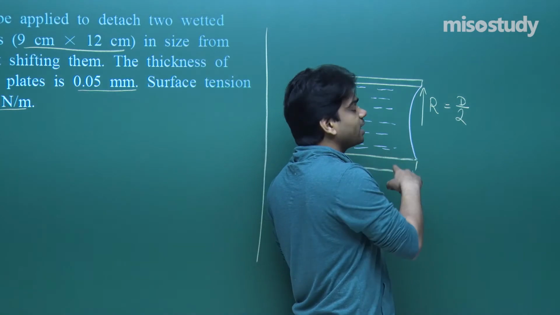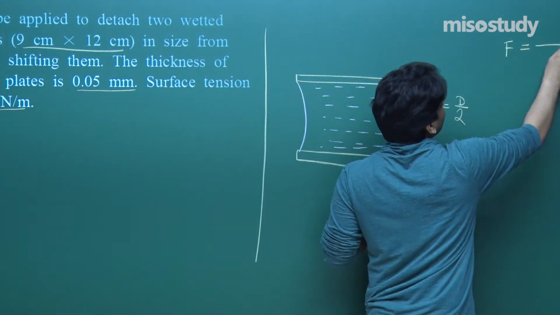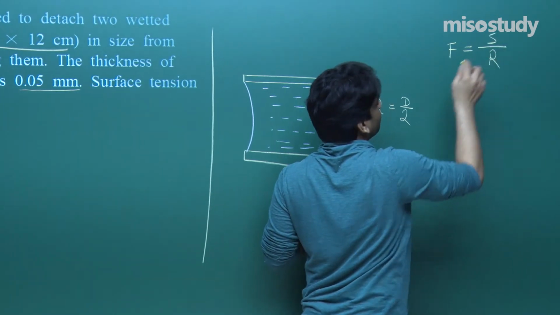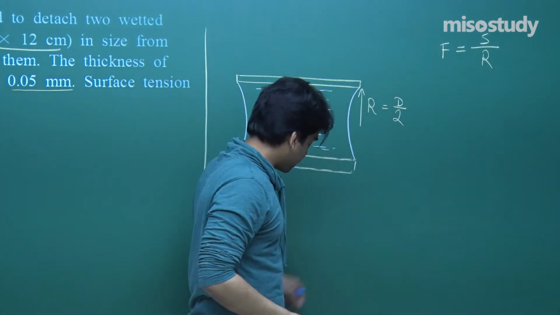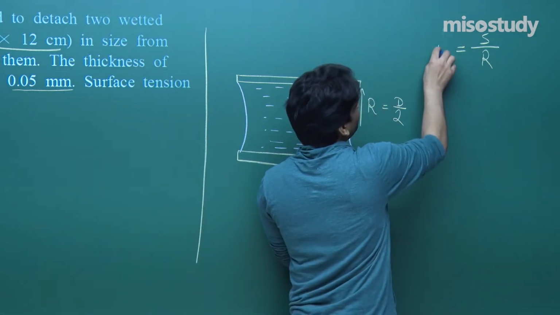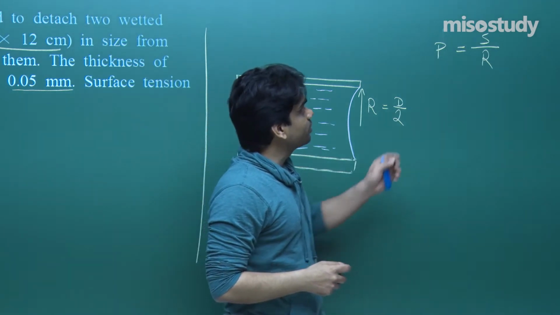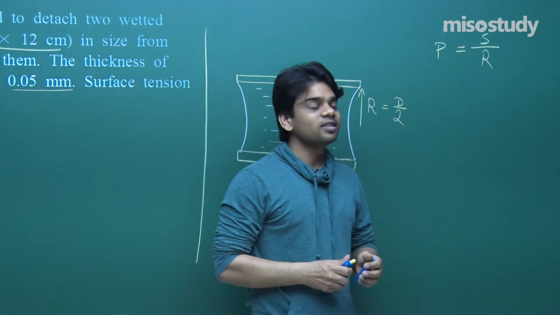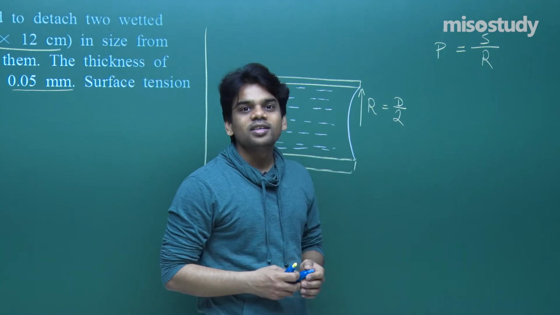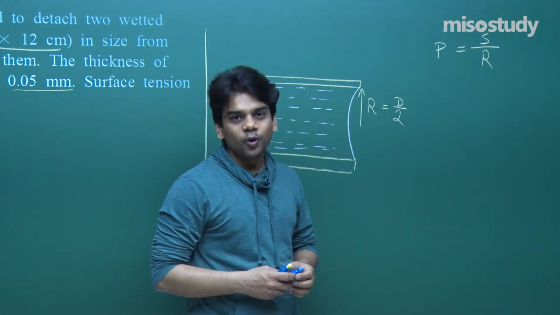The force acting due to the inner part will be given as surface tension per unit radius. Sorry, this is not force, this is actually pressure. I used force, this is actually pressure that we know. Surface tension will, pressure that will be within the inner part of the concave surface, that will be equal to surface tension per unit radius, that is what we know.